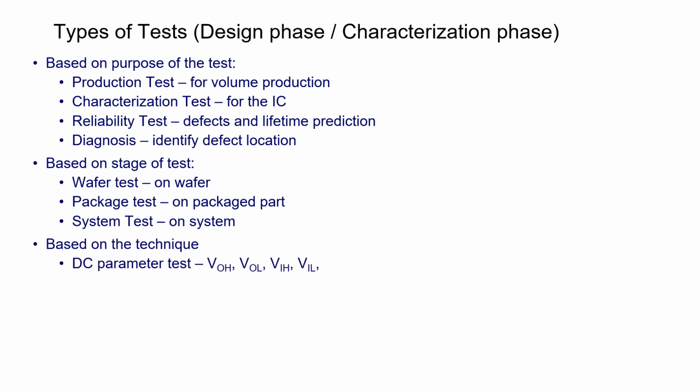Based on the technique, how do you classify them? DC parameters. Here I have to pause the video for a moment. You want to know what is VOH, VOL, VIH and VIL? I'm not going to train you on all those things. You should pick up a data sheet from Texas Instruments or National Semiconductors.